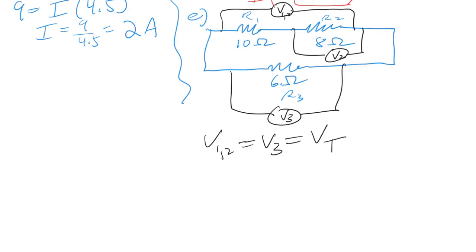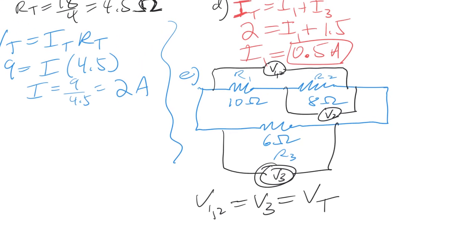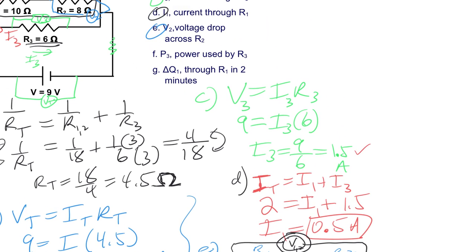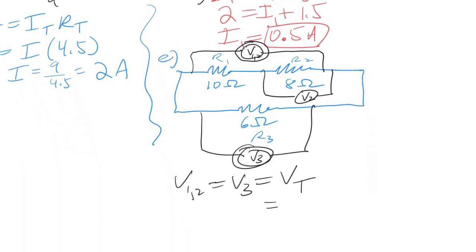And that's because this is in parallel with this set of resistors. The parallel rule, if there's no other resistor in series with it, which there isn't, states that all those voltages are equal. So we know the total voltage is equal to 9 volts.